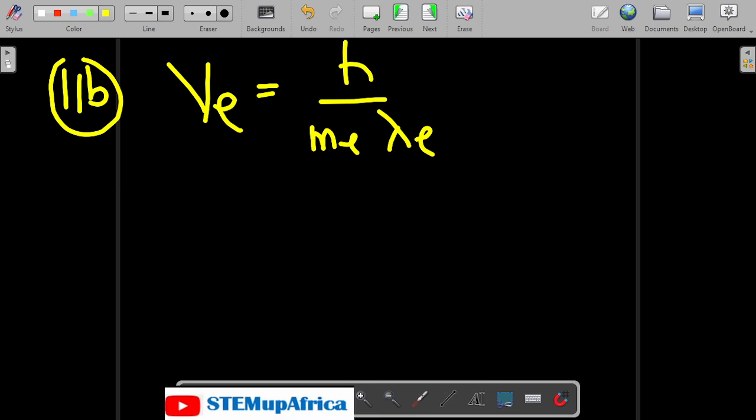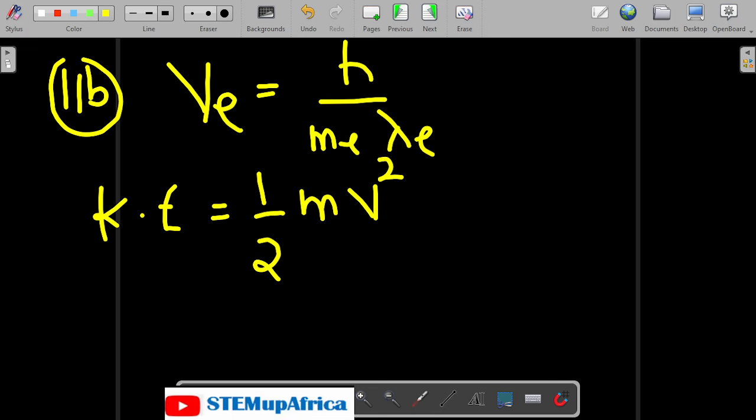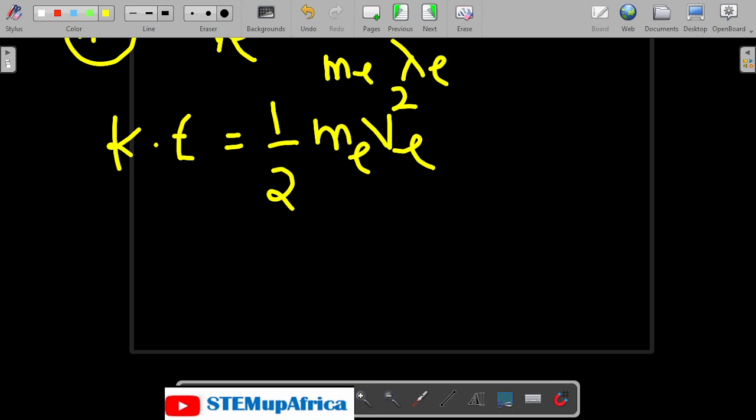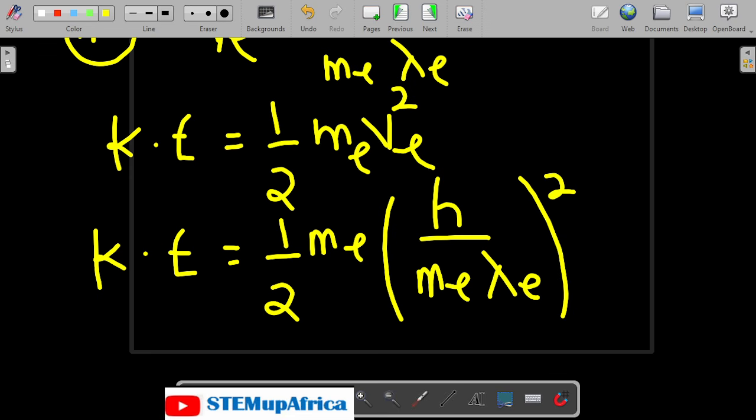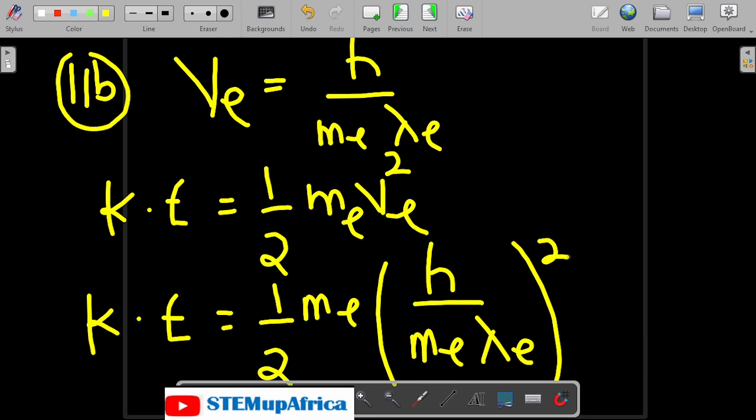And we know that kinetic energy is simply half mv squared. So for the electron, it will be half times the mass of the electron times the velocity of the electron squared.